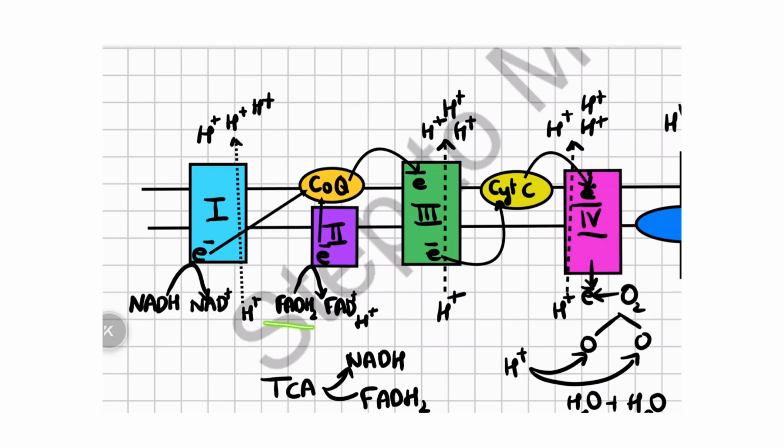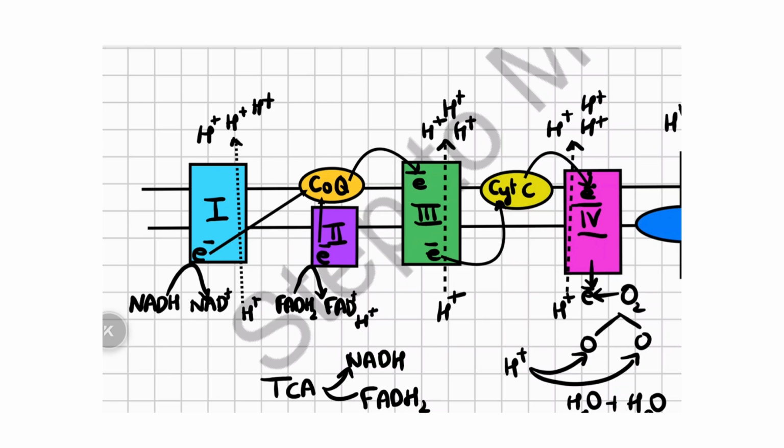Now, FADH2 donates its electrons to complex 2 and releases its protons FAD plus and H plus into the matrix. Again, this electron undergoes multiple redox reactions and supercharges complex 2.